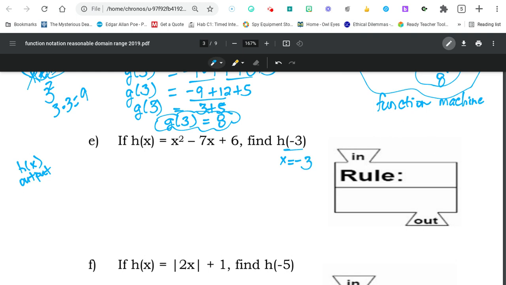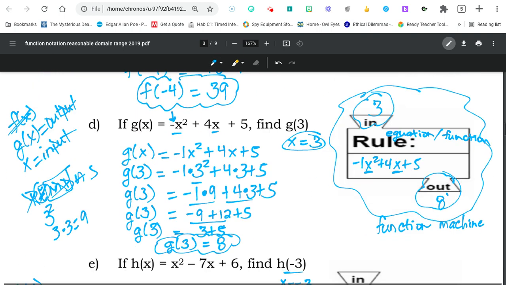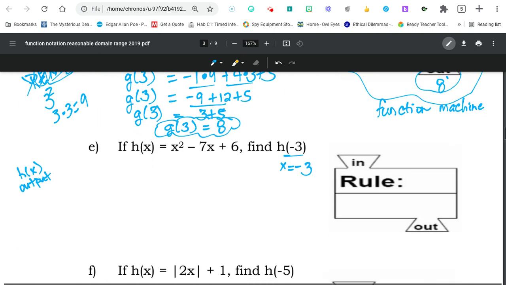Let me write that a little better. You can put an understood 1 if you want to. The understood 1 or the coefficient of 1 is not really necessary unless there is a negative in the lead, okay? They call it a leading coefficient. So you have h of negative 3 equals negative 3 to the second power minus 7 times negative 3.